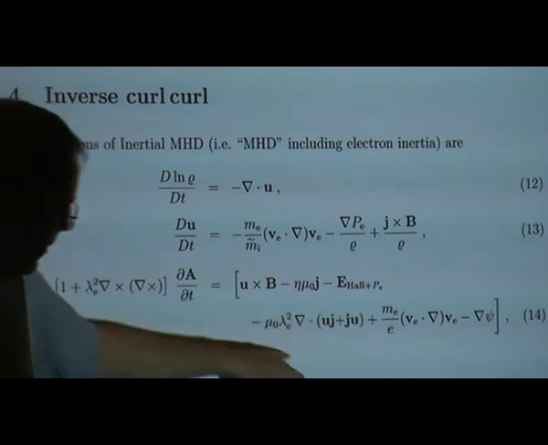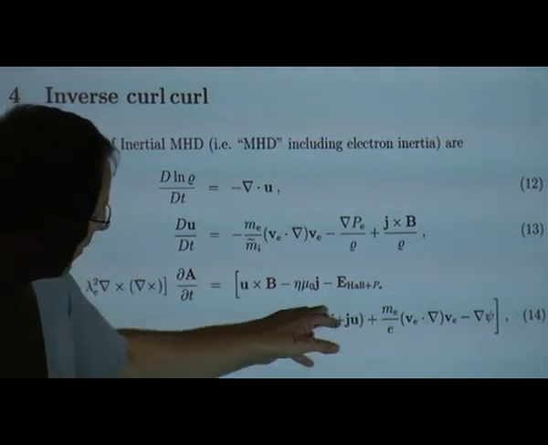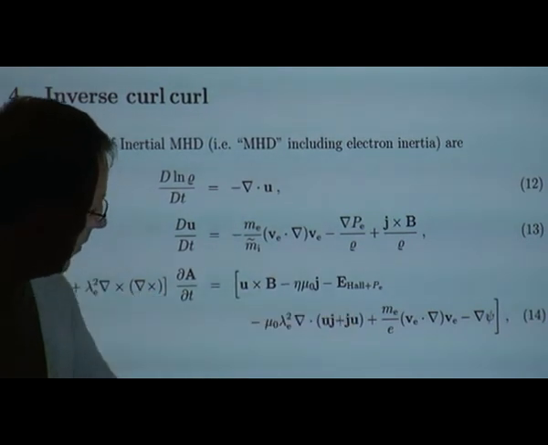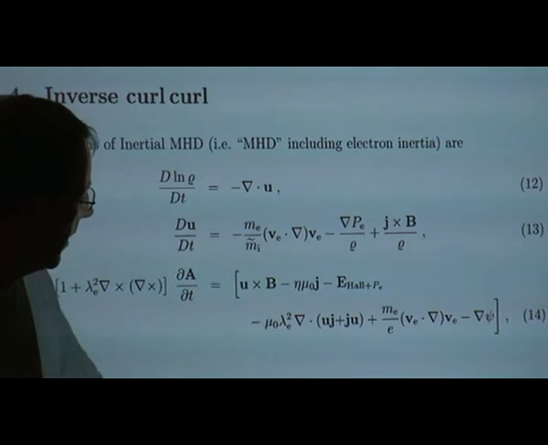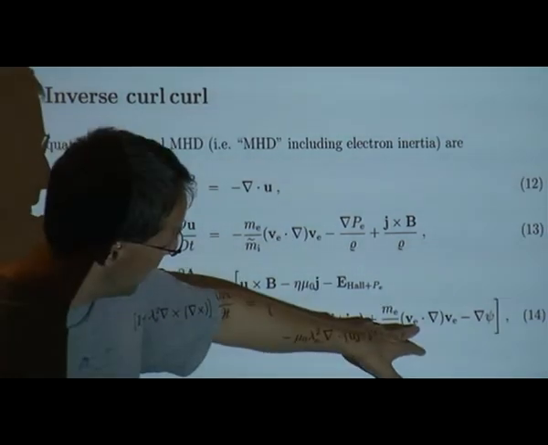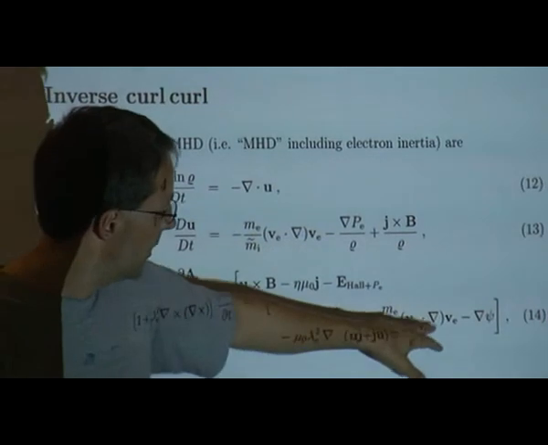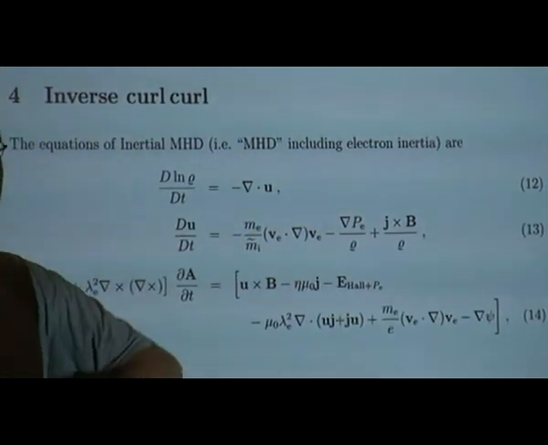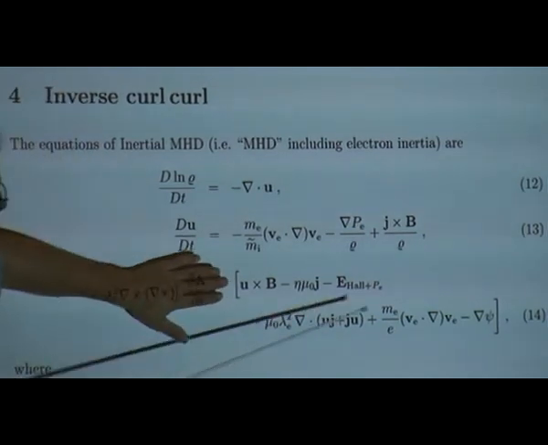And then we have this nice divergence of this tensor product, well, dyadic product of uj and ju. J is the current density, u is the velocity. And then we have, again, this effective derivative here with the electron drift velocity, the relative velocity of the electrons compared to the ions. And, well, all of this is not too bad.